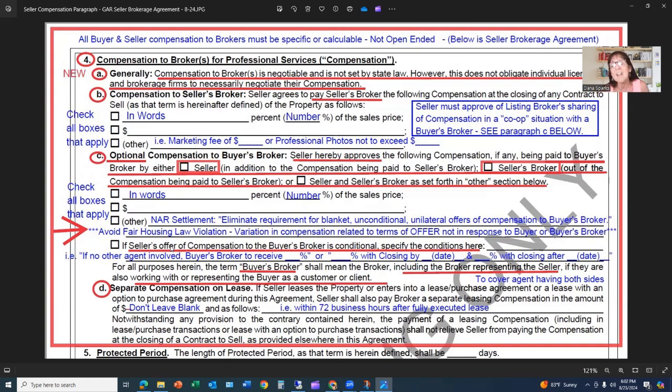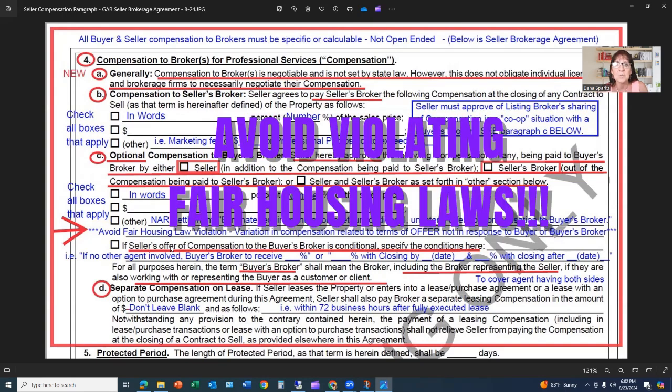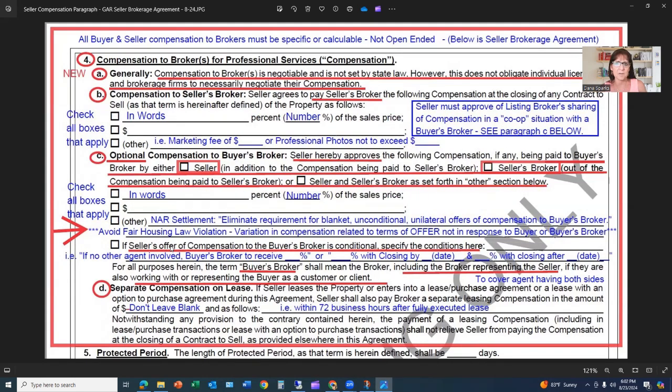That means that the seller's offer of compensation to a buyer's broker does not have to be the same to every buyer's broker. This is where the caveat comes in, to you as a listing agent and to you sellers watching this: you need to be extremely careful to not violate fair housing laws, state fair housing laws, or federal fair housing laws. How do we do that? Well, the settlement says that you don't have to offer the same co-op fee or buyer broker compensation to every buyer's broker.